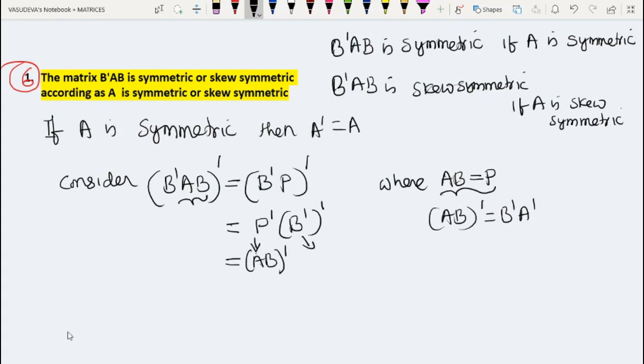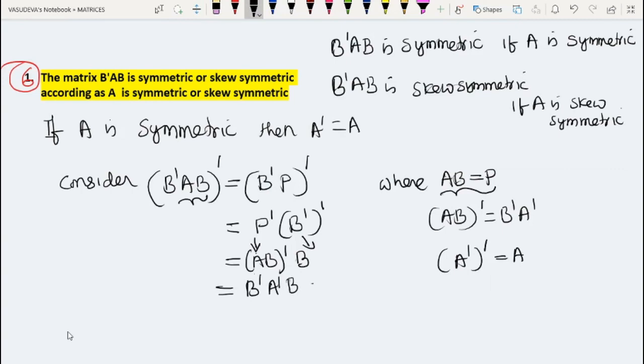So (B')' will become B. We know the property of transpose, (A')' is equal to A. So therefore (B')' is equal to B. Again by the property of transpose, (AB)' can be written as B'A'B.